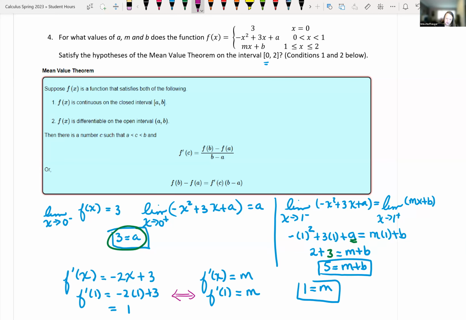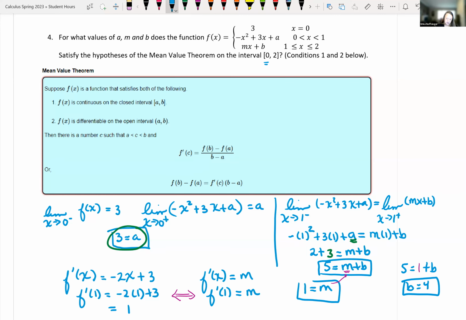It's differentiable everywhere else. And now that we know what m is, we can plug in 1 for m and figure out what b is. So plugging in 1 for m, we get 5 is equal to 1 plus b. So b is equal to 4.